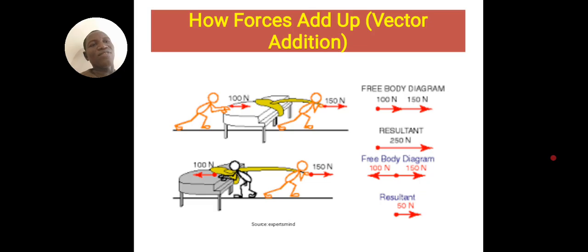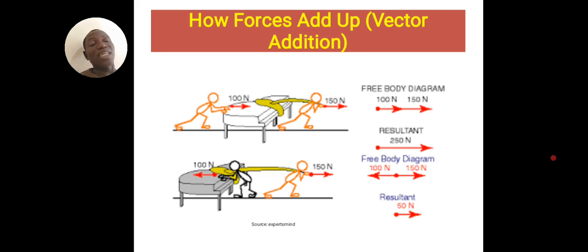The resultant force will be the sum of their forces because the two forces are acting in the same direction. On the contrary, in the second image down there, one is pulling at 150 Newton and the other one is pushing opposite. You can see the red arrow there pointing opposite at 100 Newton.